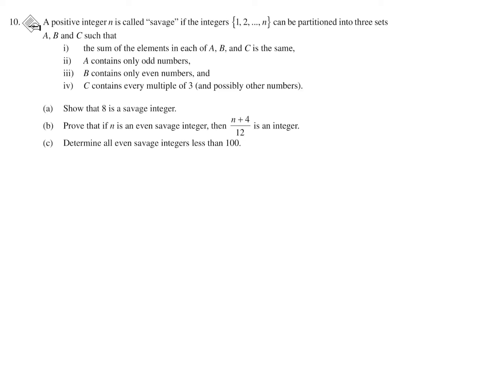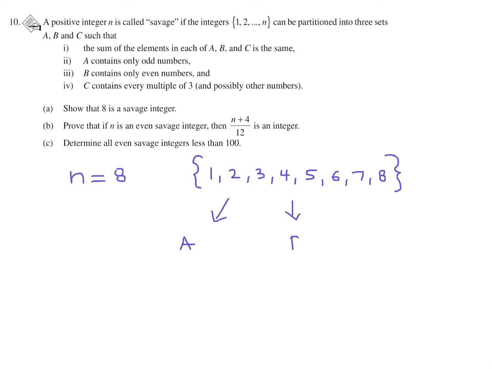So in our part A, n is equal to 8. And that means our set of numbers is 1, 2, 3, 4, all the way up till 8, like this. And we have to now partition them into 3 sets, A, B, and C. And we have to do it in a way to meet these conditions.